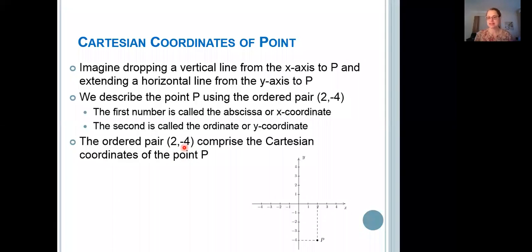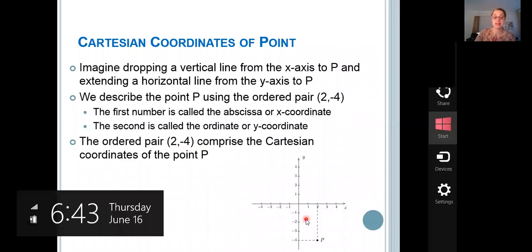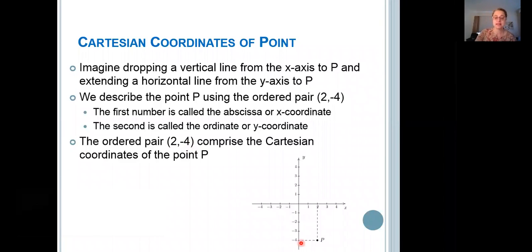Now, mathematics is a language, and so the details matter. These parentheses around these two numbers are important. They tell us that those two numbers form what we call an ordered pair, meaning they describe a point in space. In this case, they describe this point right here. They describe the point 2, -4.